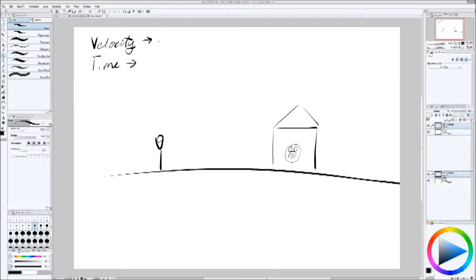So for velocity, that's meters per second. That means the units we're actually looking at are meters and seconds, and then with time, again, we're still just using one of the units from above, seconds.